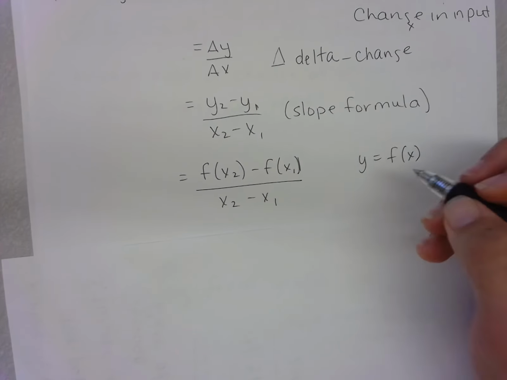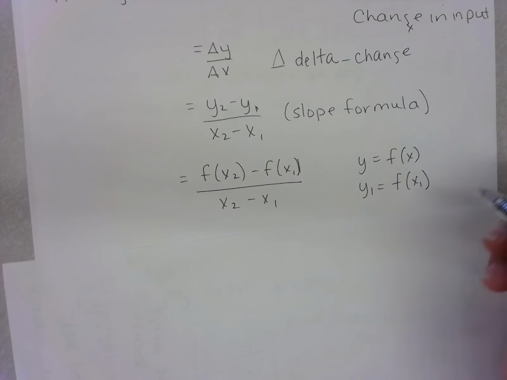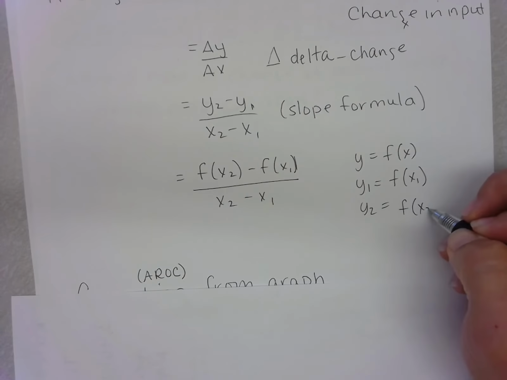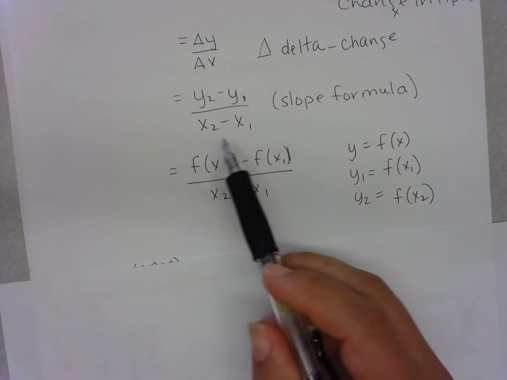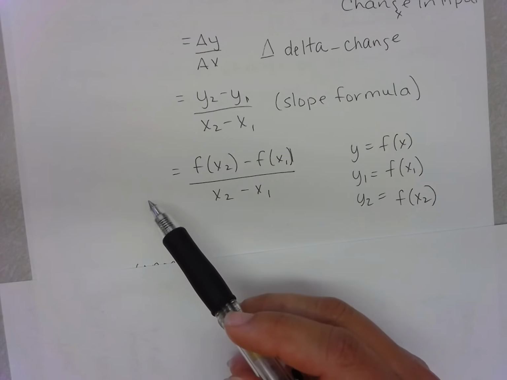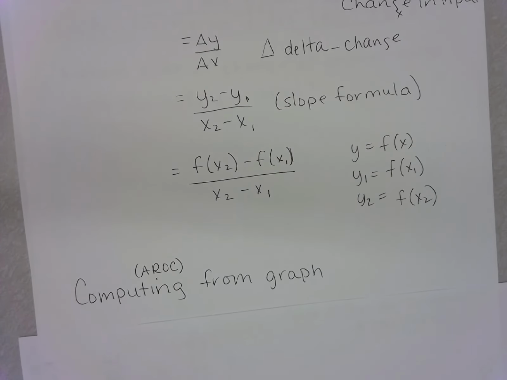So that means also that y1 equals f of x1 and y2 equals f of x2. It's just another way of writing y. We plug in an x value in our function and we get out an f of x, which is our y coordinate.